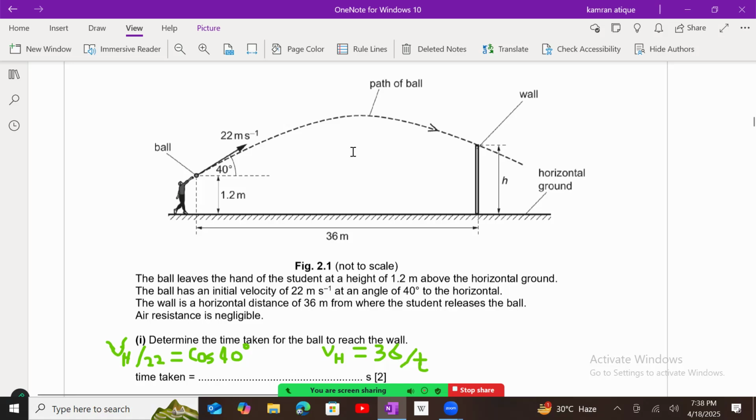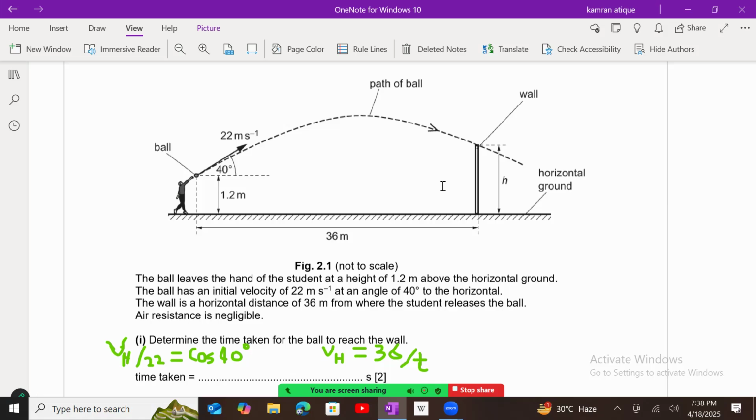So once again, you should be very careful about the vertical resultant force and or horizontal resultant force. It is absolutely clear that the force is applied by the student, and once the ball is released, there is no resultant force acting on the ball in the horizontal direction for the rest of the time.